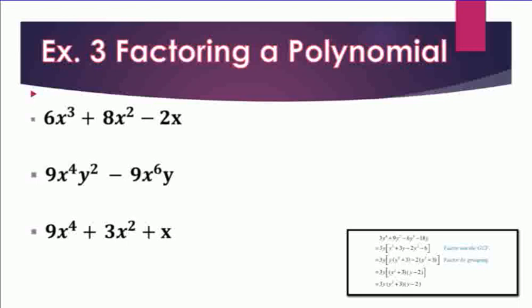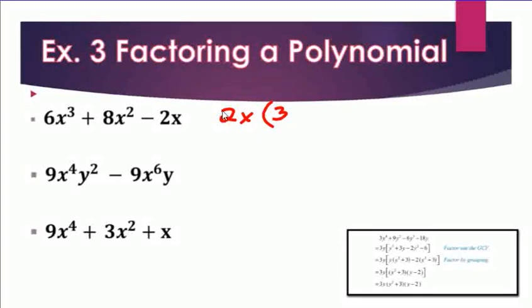So let's take a look at an example here. We want to factor this out, so factor out the greatest common factor. The common factor of 6, 8, and 2 is 2. The most x's I can take out of all 3 is just 1x. So what does that leave me with? 6 divided by 2 is 3.